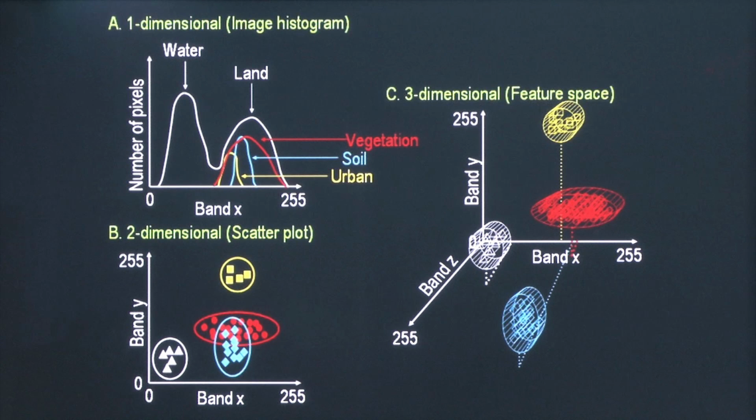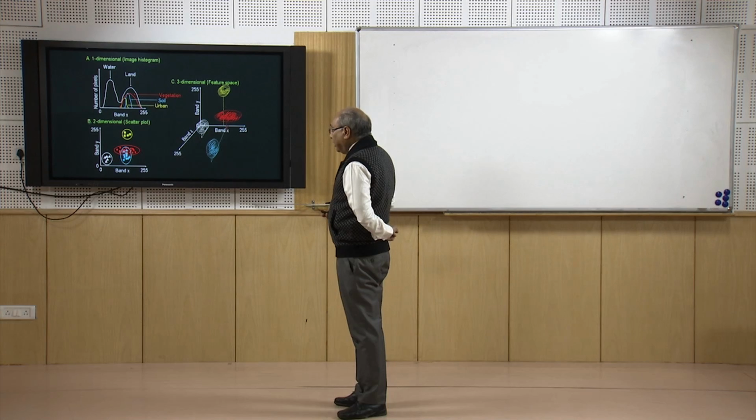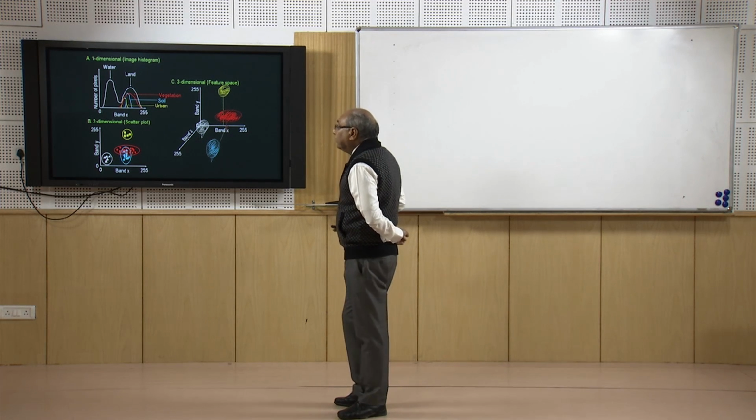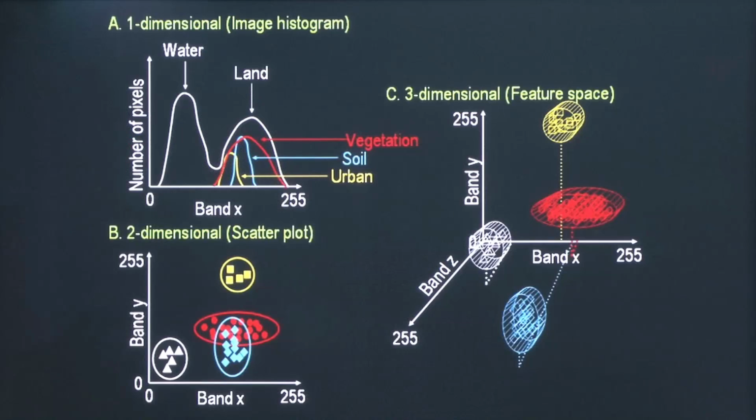The other way, instead of doing this, I can go for a 2D scatter plot, and I may get clustering of pixels like this. So after looking at such scatter plots, I can train my image for classification in a much better way.